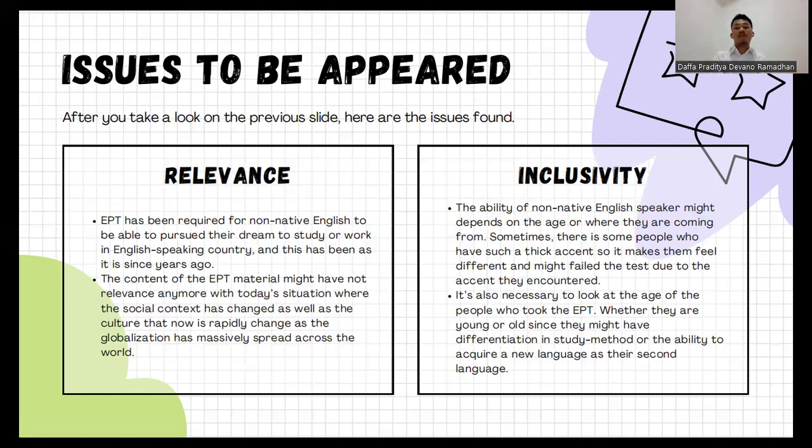But I'm afraid that this is no longer relevant in today's context, as I mentioned before, globalization is one of the factors why the standards of English or native speakers are not really relevant. So we have to really adjust to the context of the country, or the cultures within the country.